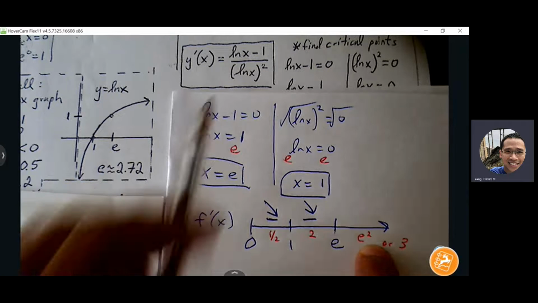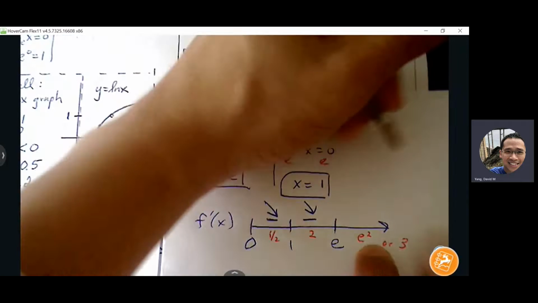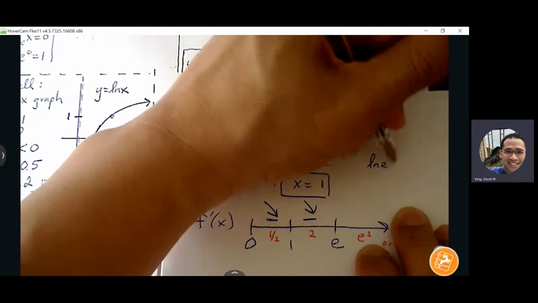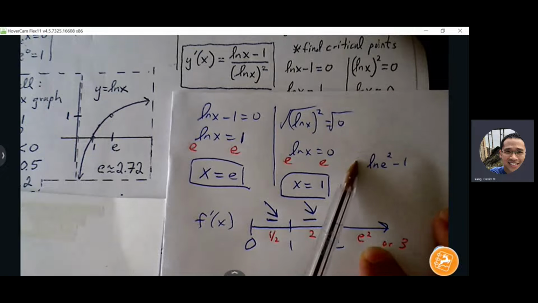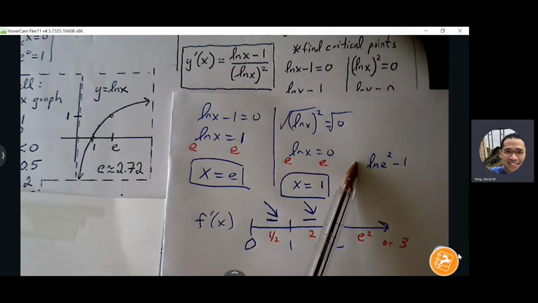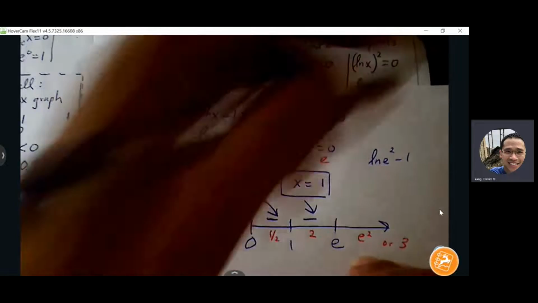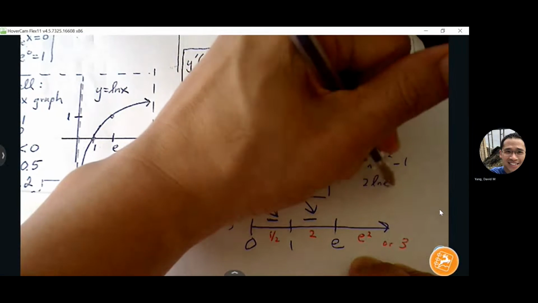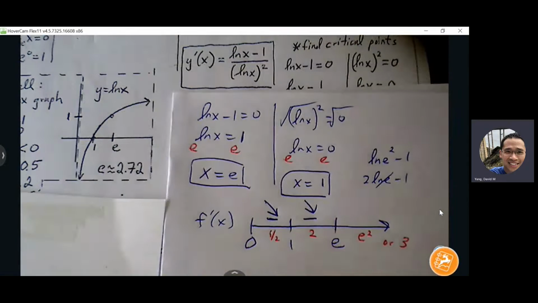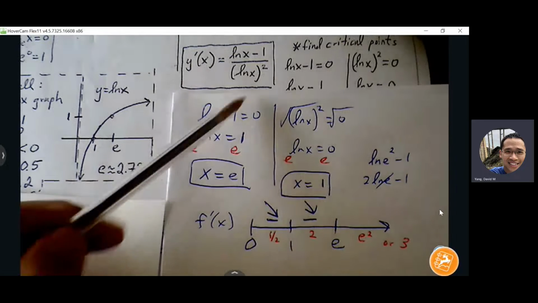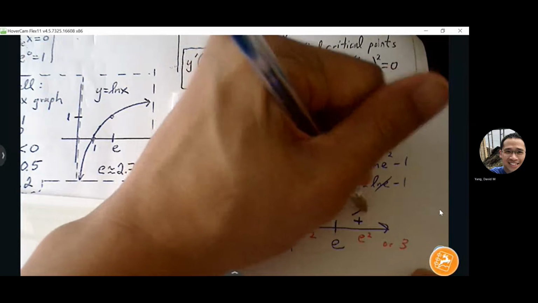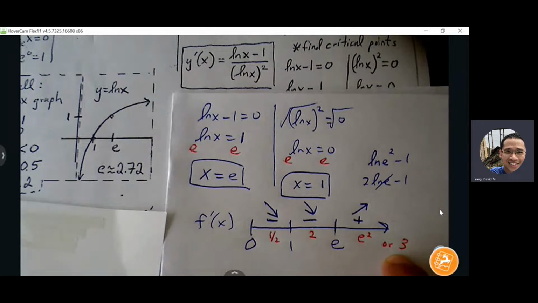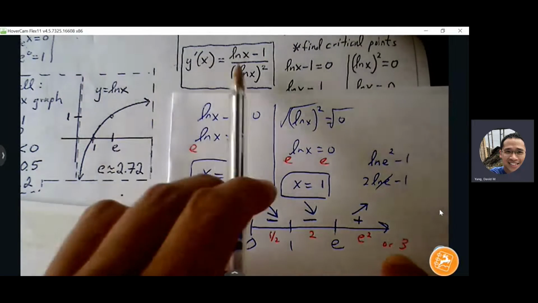All right, e squared in for my numerator. Okay, natural log of e squared minus 1. This is nice because I can push this 2 down in front. What's 2 natural log of e? Well, natural log of e will turn into just what? Just 1, and 2 minus 1 is 1. So positive over a positive is going to be positive. But it'll also work with 3, right? Using the graph, 3 is fine as well.